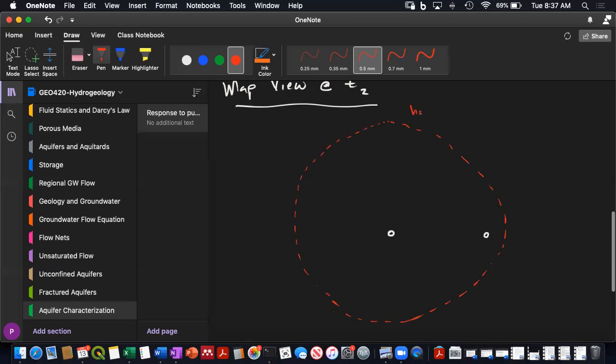All right, so this is H naught. And the distance of this circle is the radius of influence. So this is the contour at which my water level is equal to the initial water level. All right, and then we would have contours, and these should be perfect circles. These are head contours, and the head is getting lower as we go towards the well.